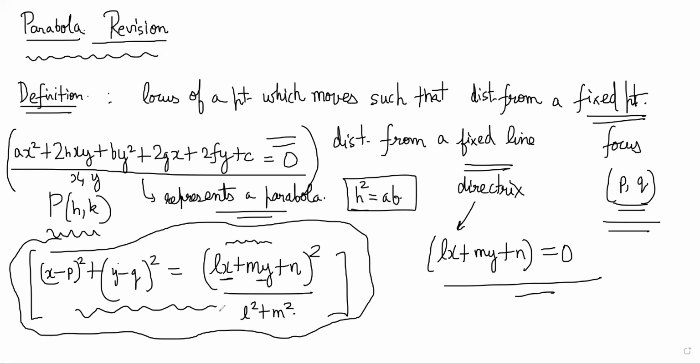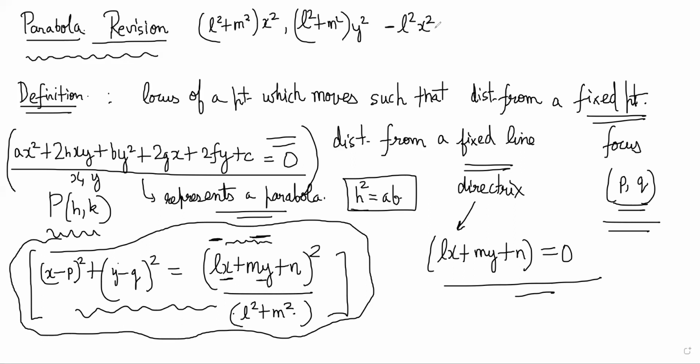If you bring l square plus m square on this side, you will get one term like this: (l square plus m square) x square, and one term (l square plus m square) y square. And on this side, you get l square x square, m square y square. So when you bring them here, there will be minus l square x square, minus m square y square, and there will be minus 2lmxy also, right?